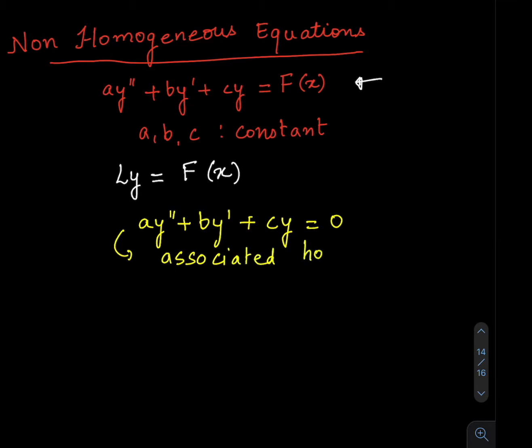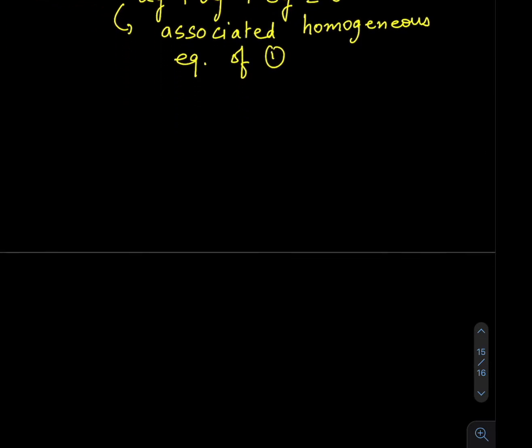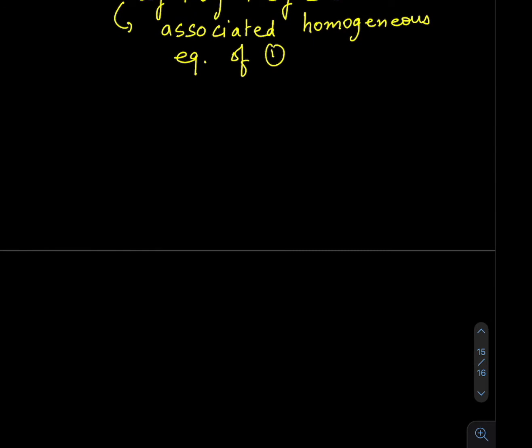So this is the associated homogeneous equation to equation 1. And then we will find the solution to this associated homogeneous equation, which we already learned how to do in our last videos, and we will call that yc, the complementary solution.